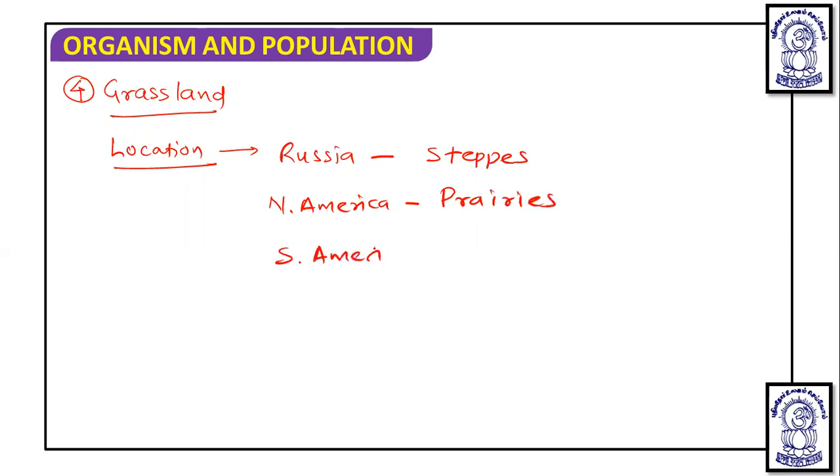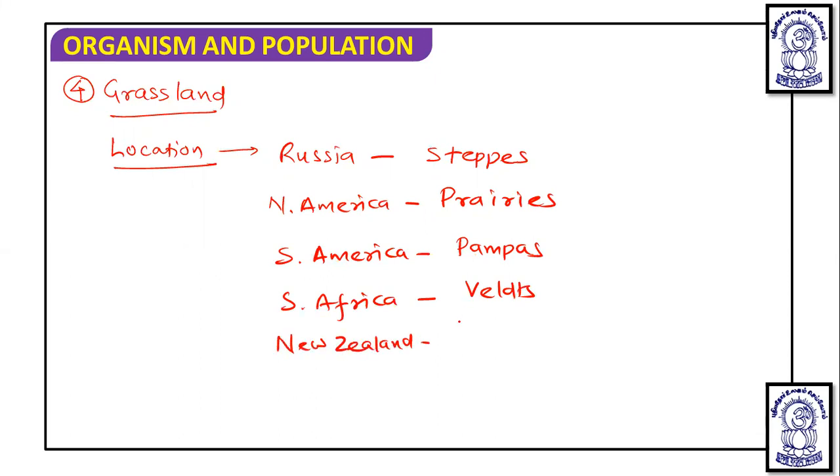In South America, it is known as pampas. In South Africa, it is known as velds. In New Zealand, it is known as tussock. And in Australia, it is known as downs.